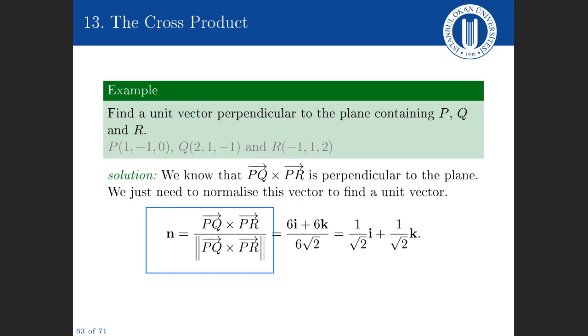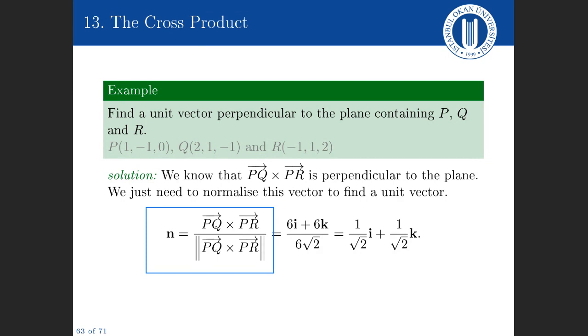We just take this vector and we divide by its norm. All we're going to be doing is 6i plus 6k divided by the norm of PQ cross PR. You can check that the answer is 1 over root 2 i plus 1 over root 2 k.